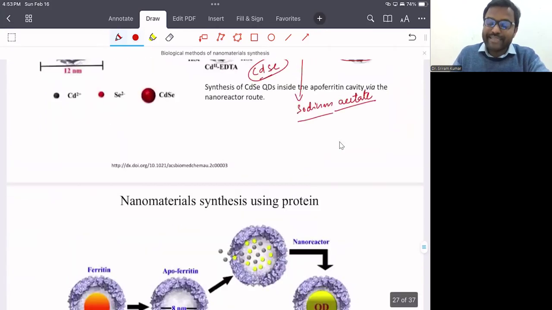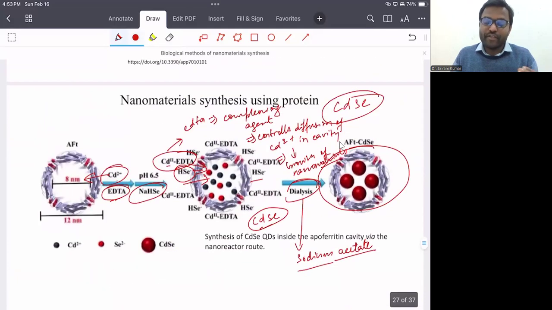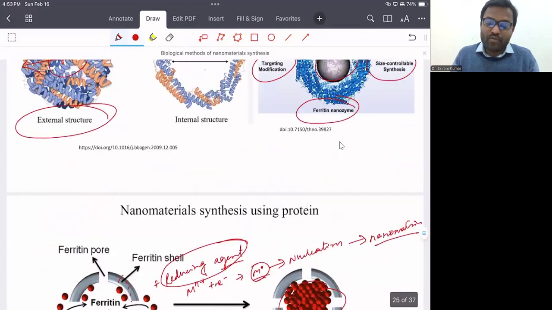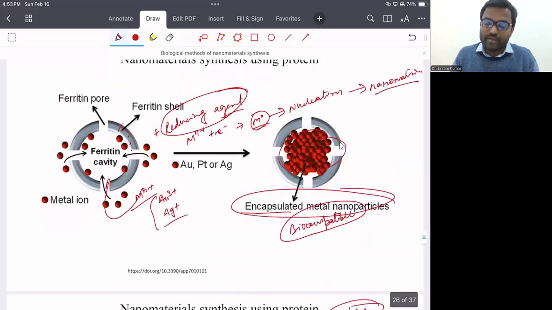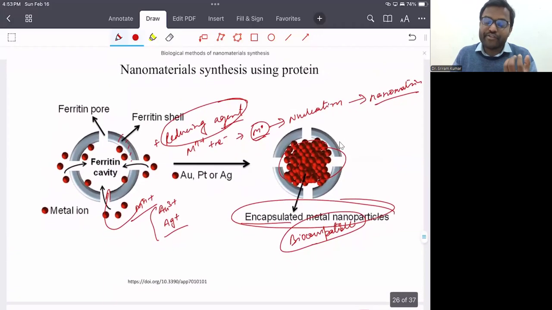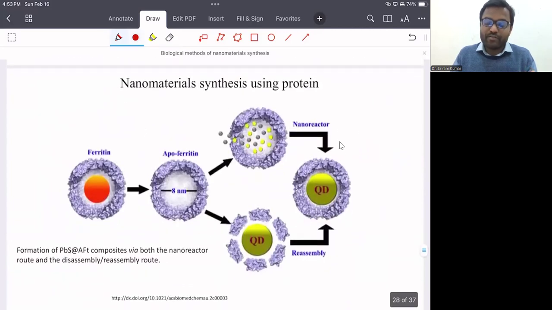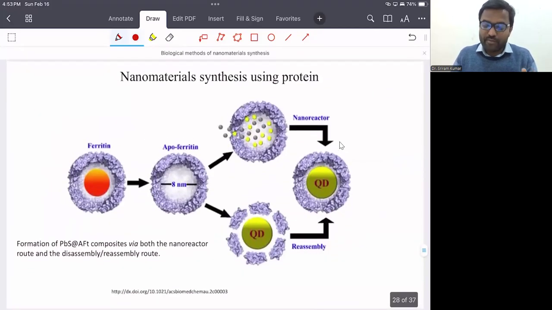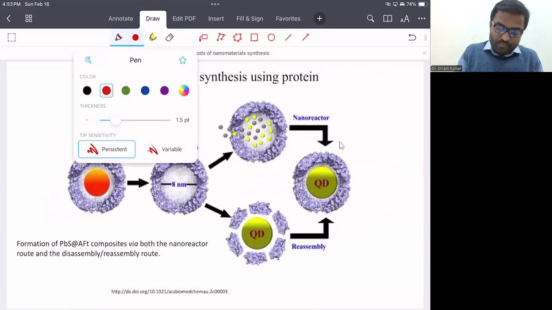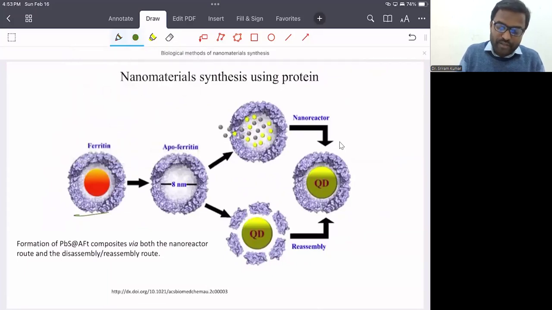So till now you understand the example of how to synthesize nanomaterial using the cavity of protein. Here there may be two kinds of mechanism. This is a ferritin where we have iron plus 2 in the cavity.